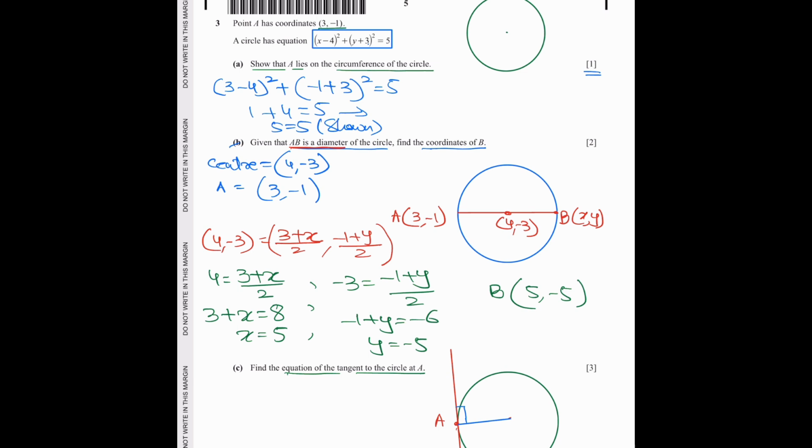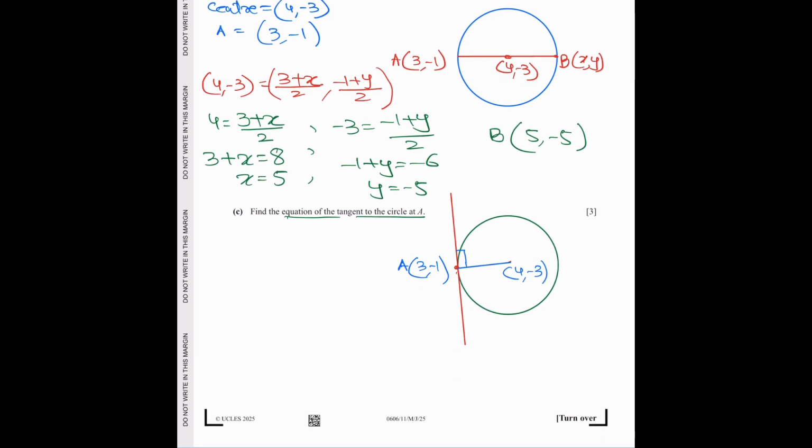You have the coordinates of A as (3, -1), the center is (4, -3). Now you have to find first of all the gradient: y2 minus y1 over x2 minus x1, which is (-3 + 1) over (4 - 3), it is -2 over 1. But the tangent at point A is perpendicular to the radius, so take the negative reciprocal of the gradient, so m2 is 1 over 2.